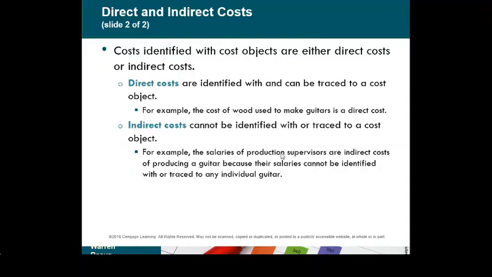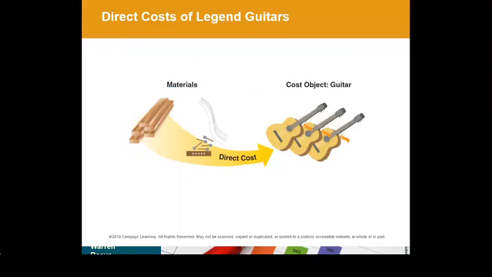Therefore, you cannot directly apportion their salaries to one individual guitar because you cannot be sure which supervisor is monitoring which guitar. Whether supervisor A is focusing more on the first 50 guitars, or supervisor B is focusing only on 3 guitars, you cannot be sure of that. So that is considered an indirect cost.